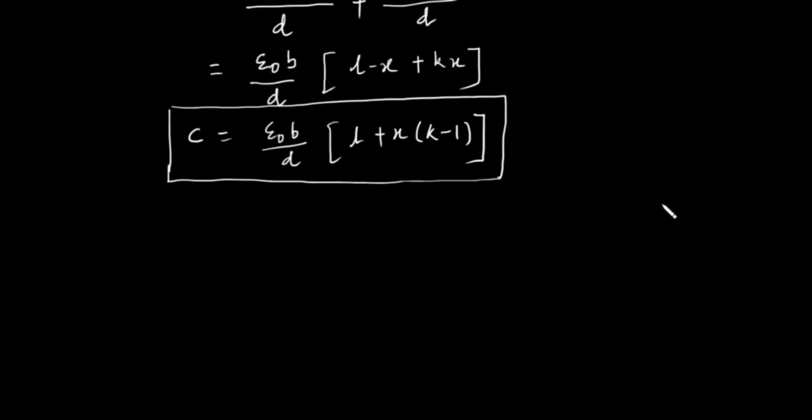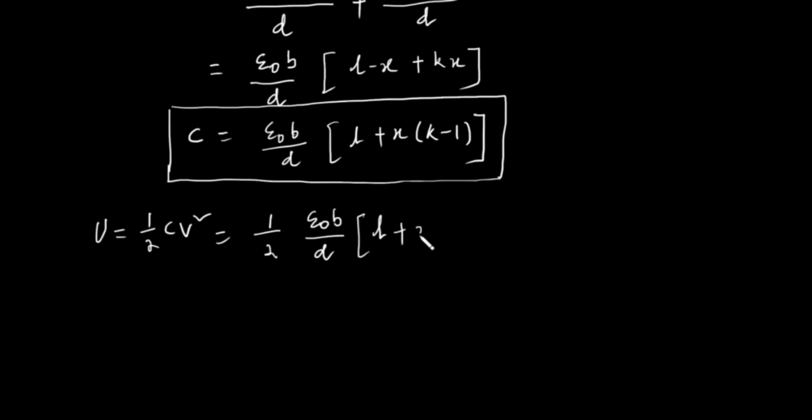Now we want the energy U, which is equal to half C V square. We already know the C value, so just substitute: half epsilon naught B by D into L plus x into k minus 1, times V square.